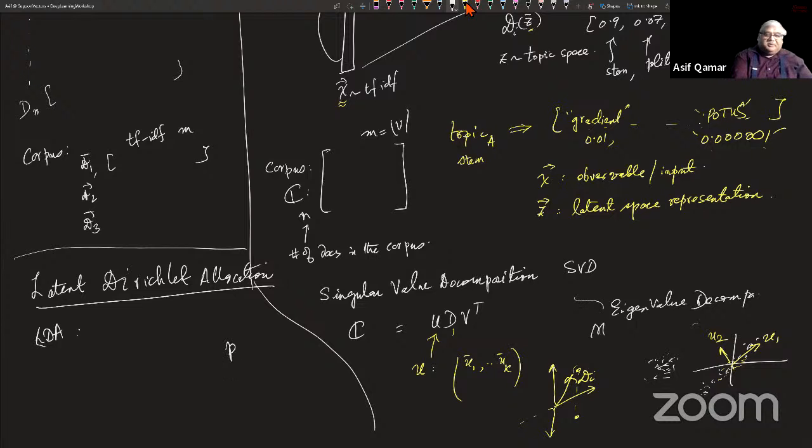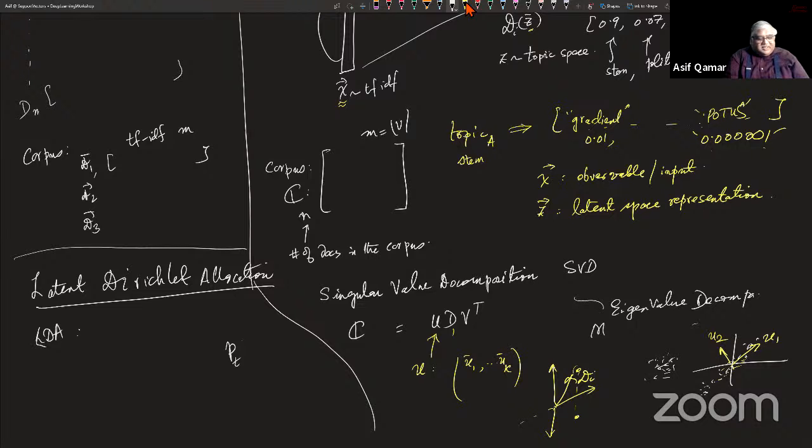So there's a certain probability distribution for a topic, let us say. But then this distribution itself, we need to take from a distribution of these possible distributions. We need to sample from that.